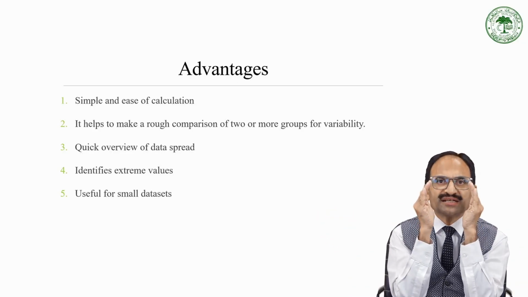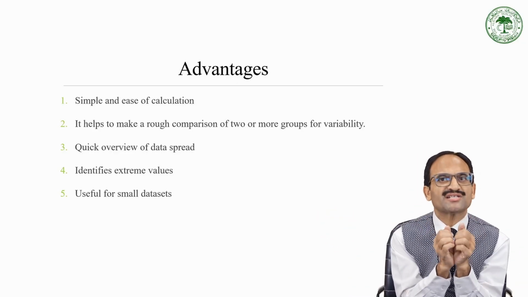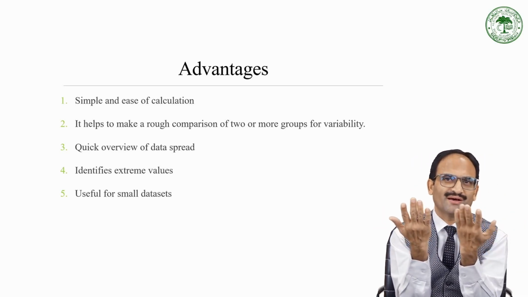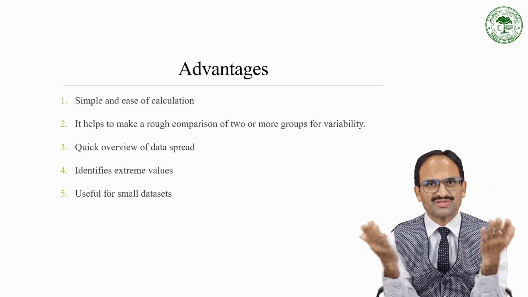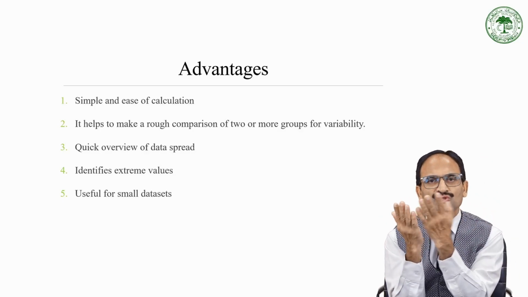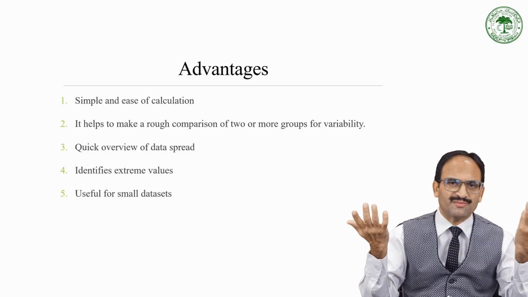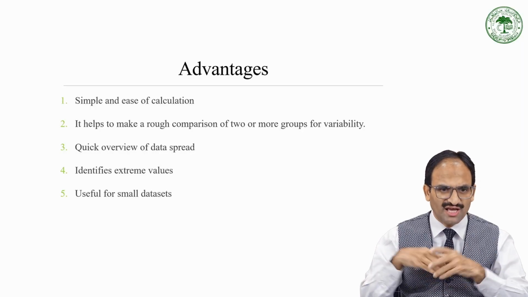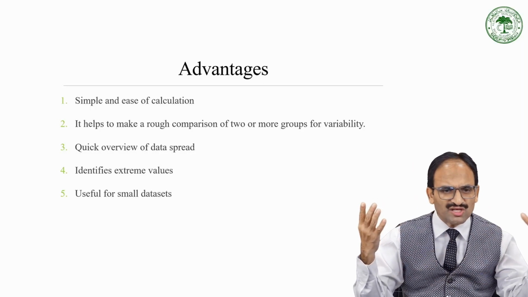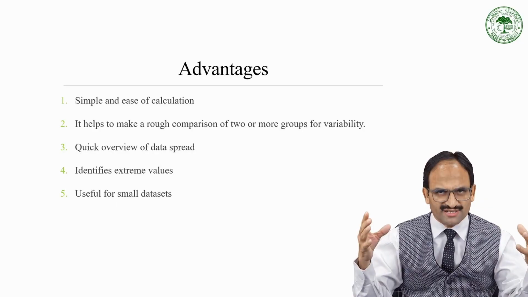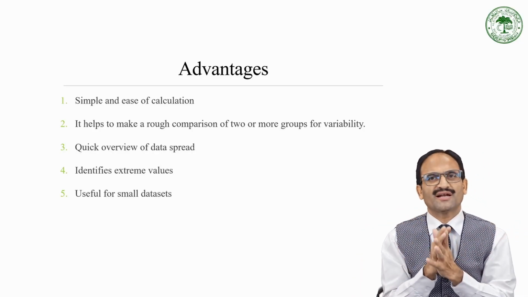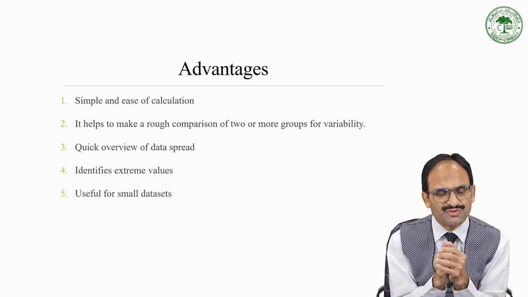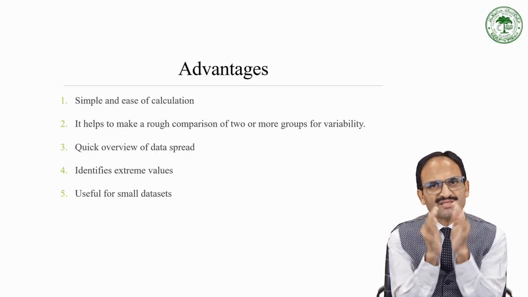Since the very basic calculation of range depends on the lowest and highest score, these two scores will be the extreme scores, that is the lowest score and the highest score. So, that way you can locate the extreme scores. This is the fourth advantage of range. It is also very useful for small data sets. I mean, if there are, suppose, 9 students or 10 students or 15 students or 20 students, the data is small.